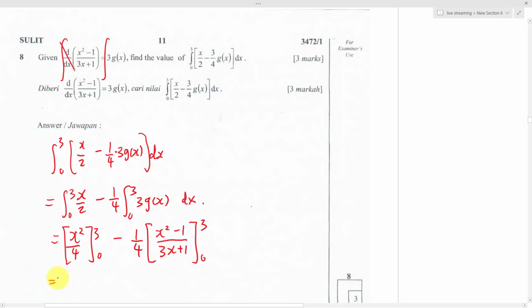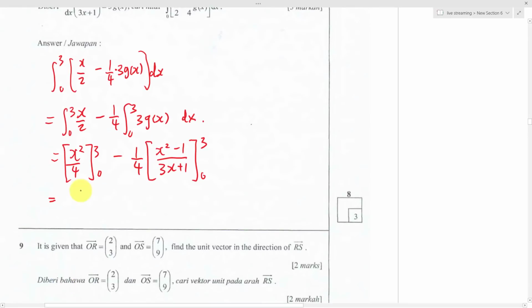Then you just substitute in. This is 9 over 4 minus 0, and then minus 1 over 4 times: x squared is 9, 9 minus 1 is 8, 9 plus 1 is 10, minus substituting 0, which is negative 1 over 1.